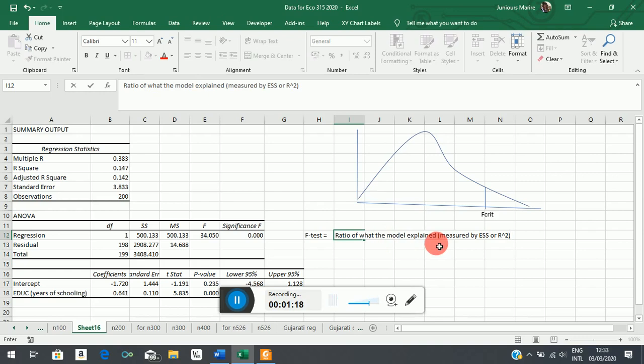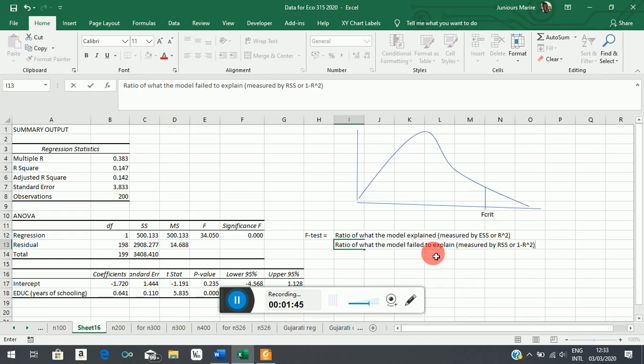divided by the ratio of what the model failed to explain, which is measured by RSS or 1 minus R squared.